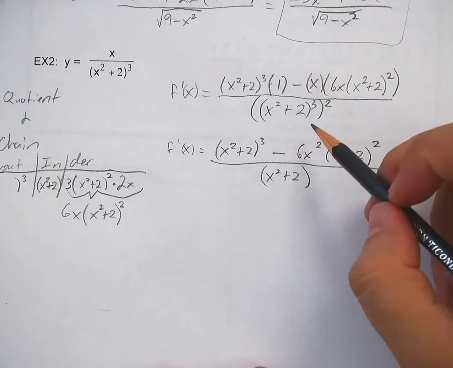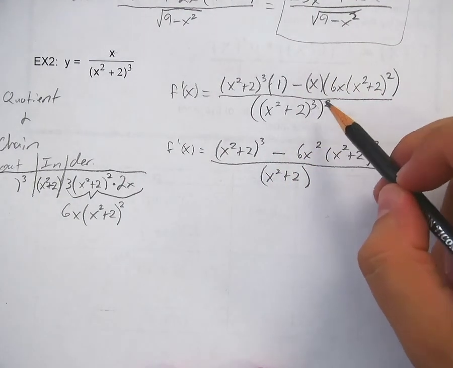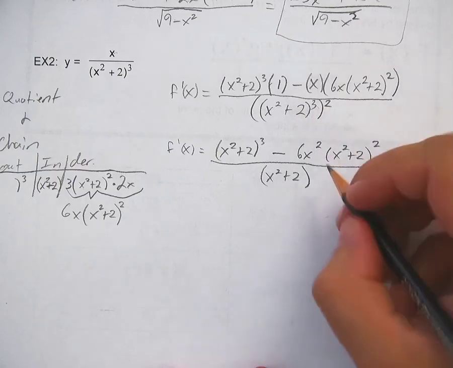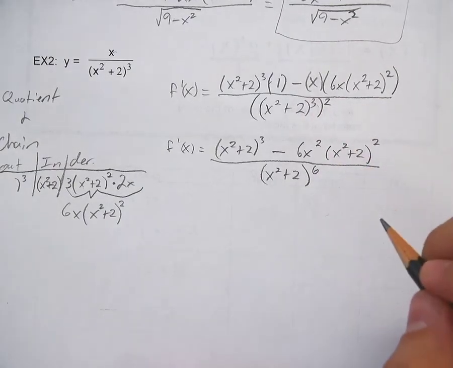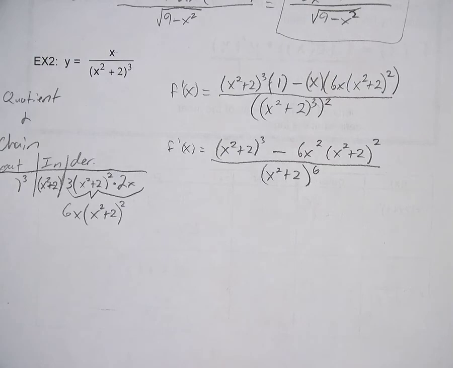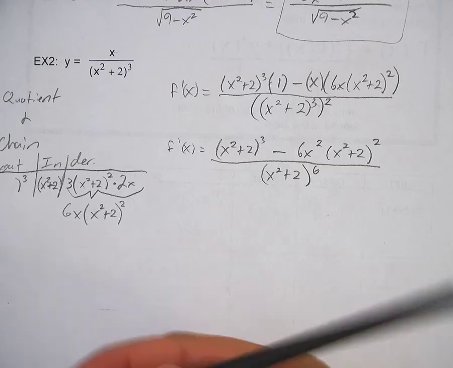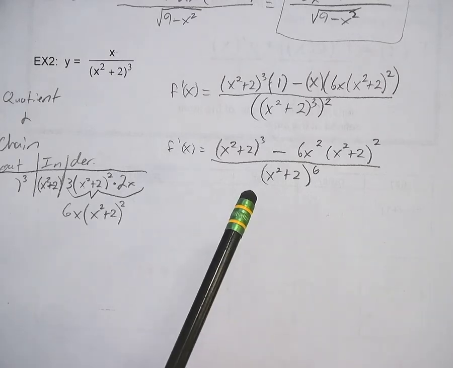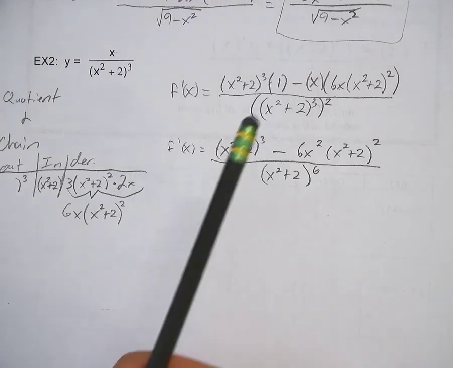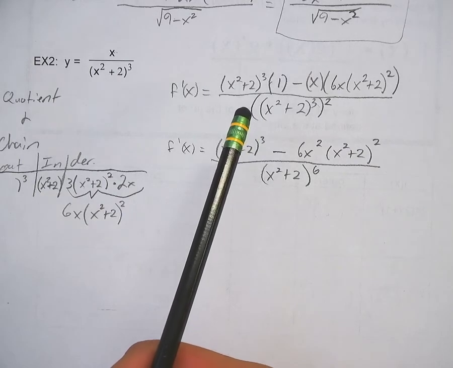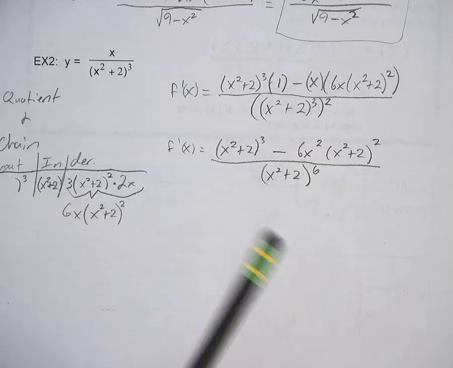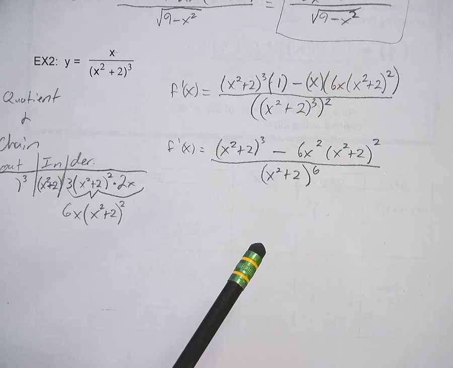Now on the powers down here, we've got 3 to the power of 2, so multiply together and you get 6. Okay? This seems complicated. Again, if it's free response and you're just finding a slope of a tangent line, stop here, plug in x. But if it's a multiple choice and you need to simplify more, keep going.